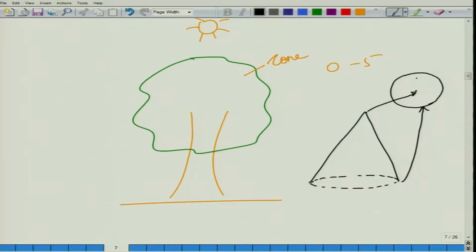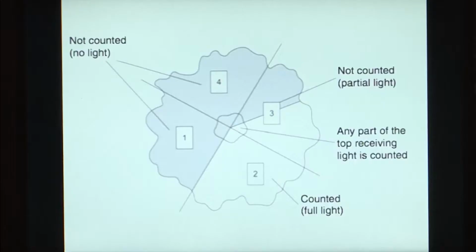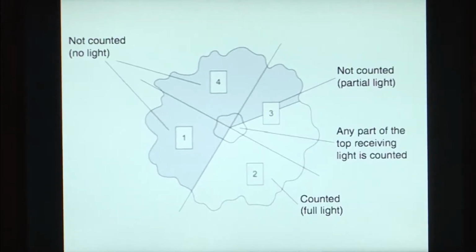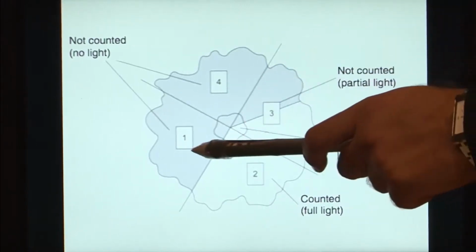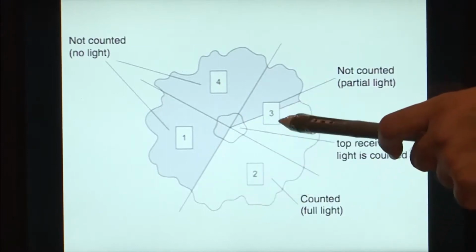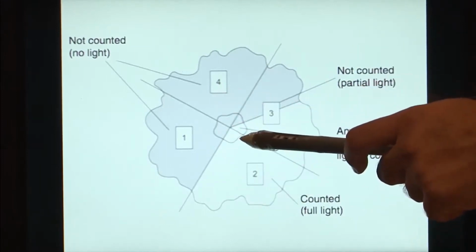Now we divide it into 5 parts. These are the 4 parts and the 5th part is this vertex. Now, coming back to the slides: when the sun is overhead, we have divided the tree into 5 parts, 1, 2, 3, 4 and this is the 5th part.